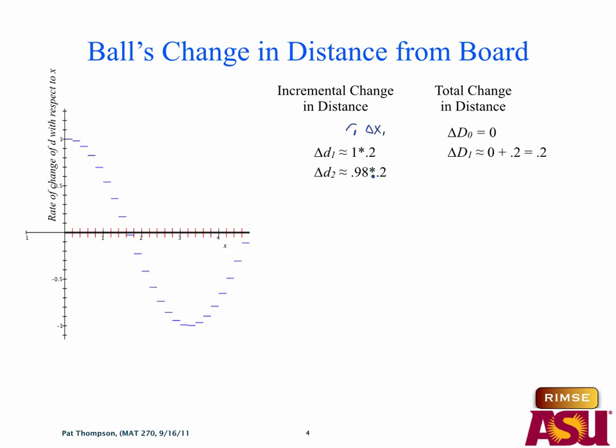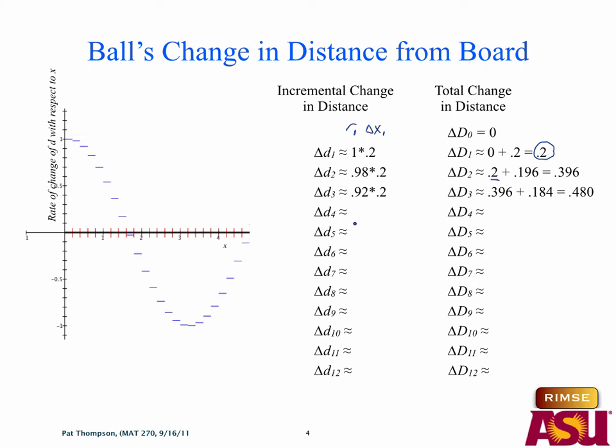So over that interval, I've got this little bit of change. Then I could get the total distance as the little bit of change I've already accumulated, which is this 0.2, plus the extra little bit that comes from doing this computation. And then we could do it again and again.